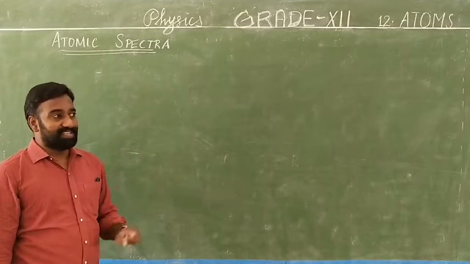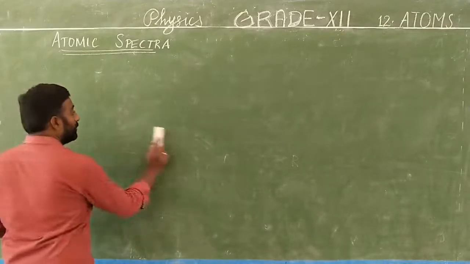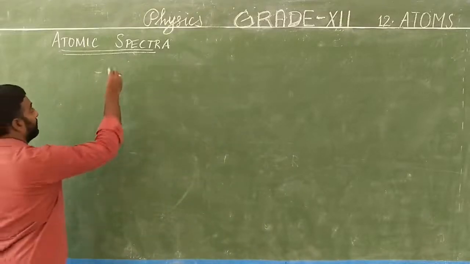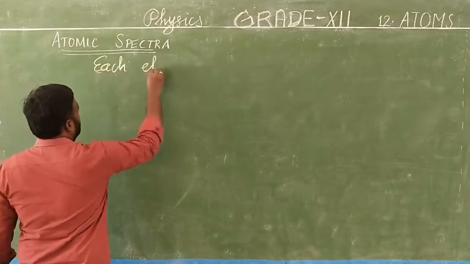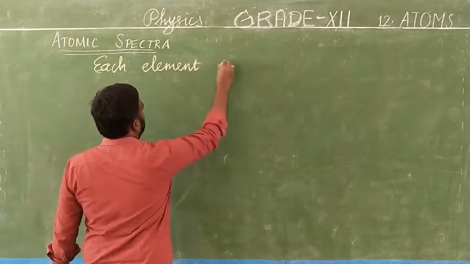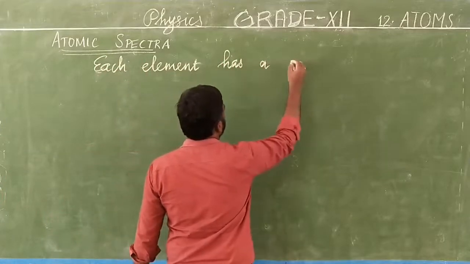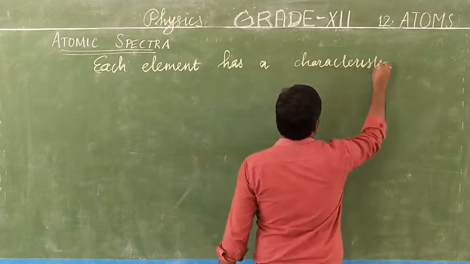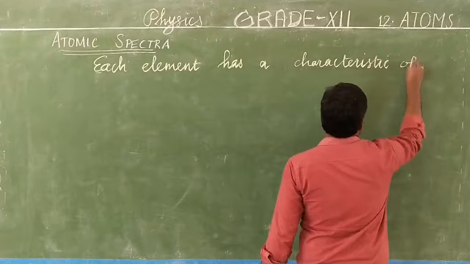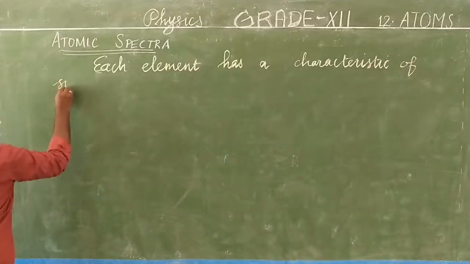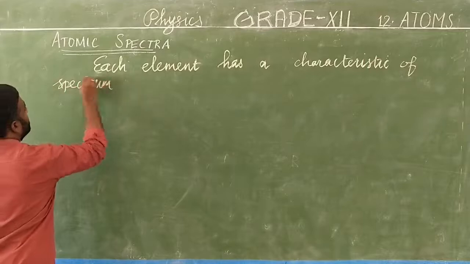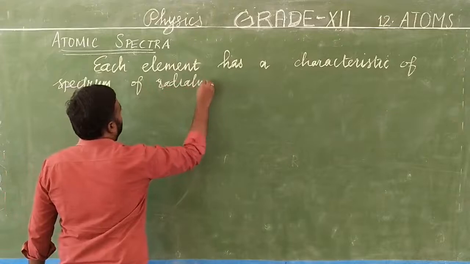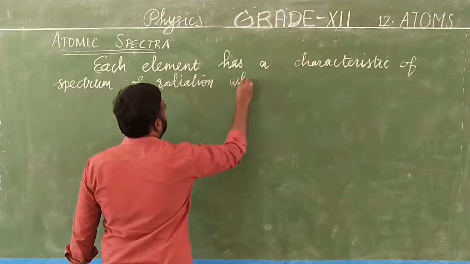From the spectrum we can analyze the elements of various components. Each element has its characteristic spectrum of radiation which it emits.